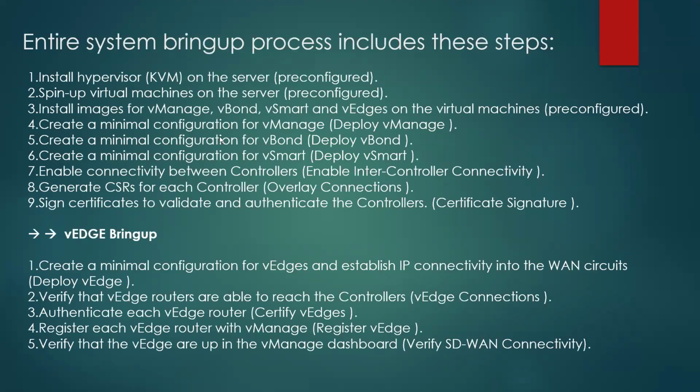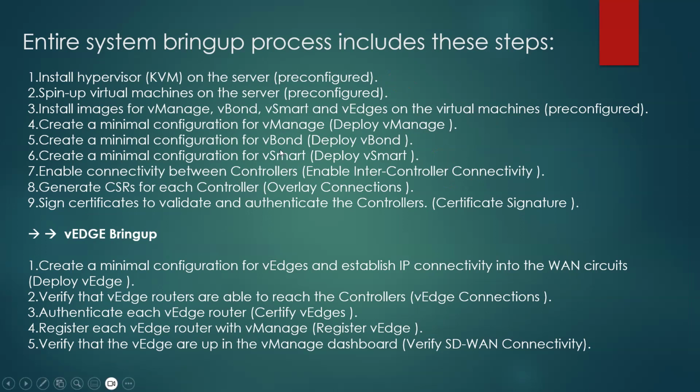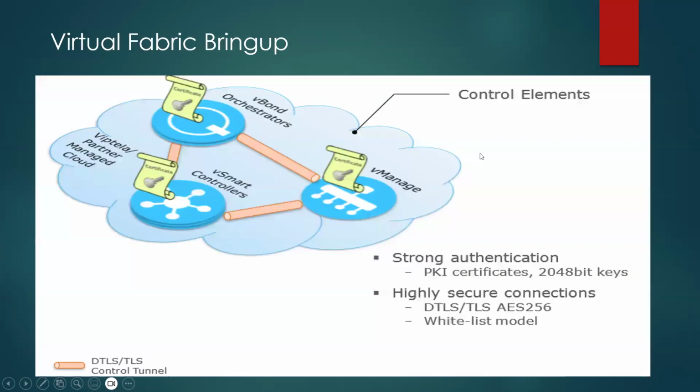It's the same list I told you earlier. Once you have this list, after that we'll check all these steps. Don't worry, all these things we will try to build in our lab.